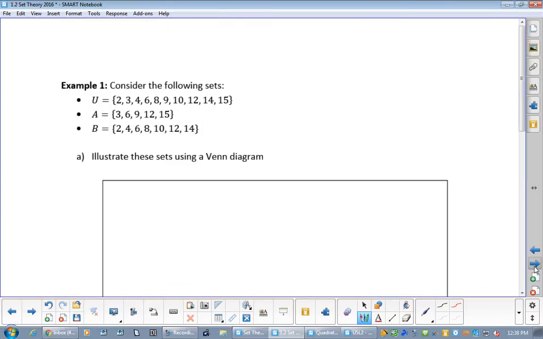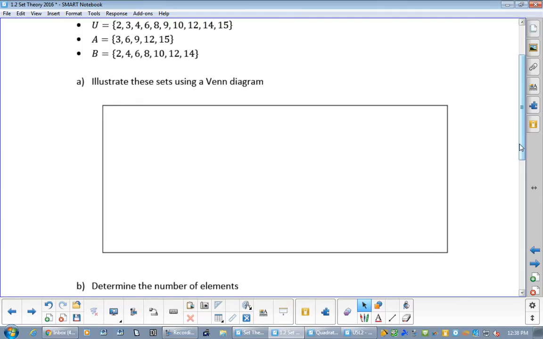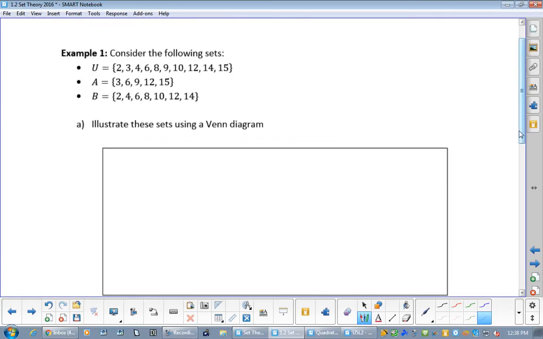Now, yes, question? No? Now we're just going to do a Venn diagram. And then we're going to answer a bunch of questions. We'll do a couple of these. Now, the U stands for always your universal set.